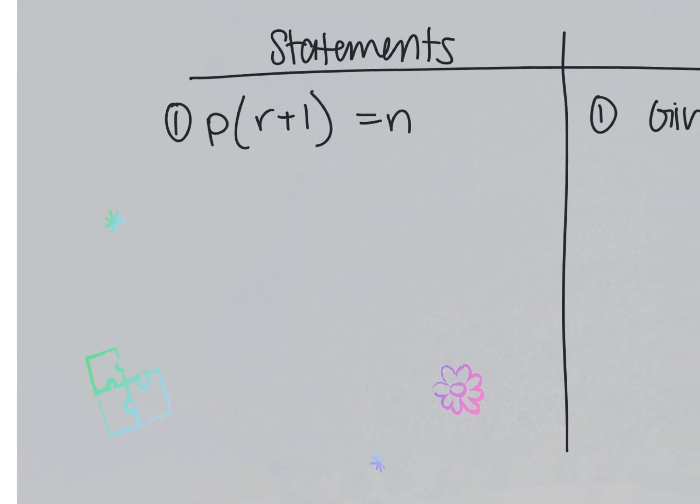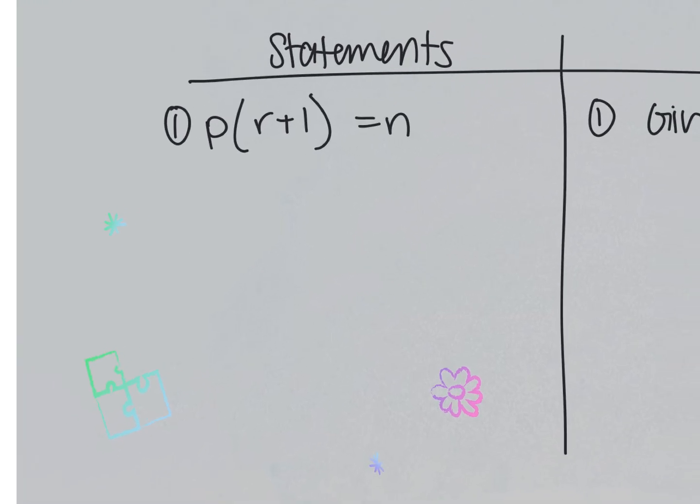So looking at what they gave us, what am I doing to solve for R? What do I do next? Thank you. Yes, we are distributing. So then I'm going to have P times R plus P equals N. Now what do I do? Subtract what?